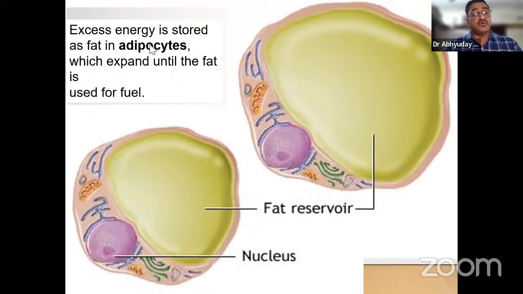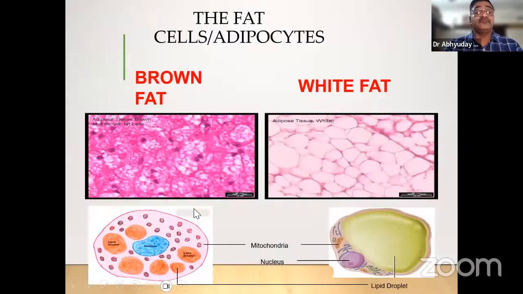And when we talk about adipocytes, here you can see what happens. This is a fat cell. Excess energy is stored as fat in these adipocytes, which expand until the fat is used for fuel. So this is important. You can see this swells up, storing the energy. And we know we have two different types of fat: a good, brown fat, which is quite metabolically active.